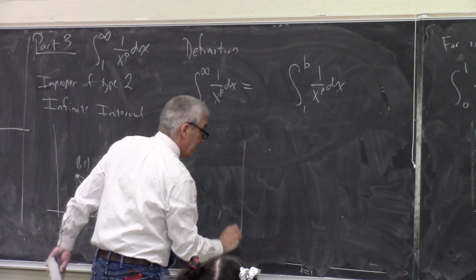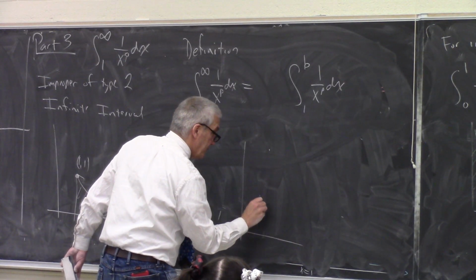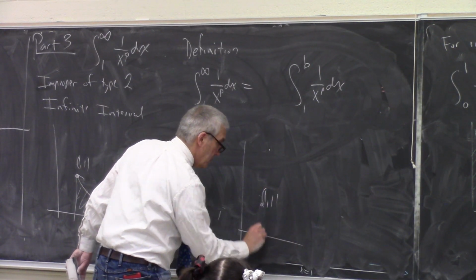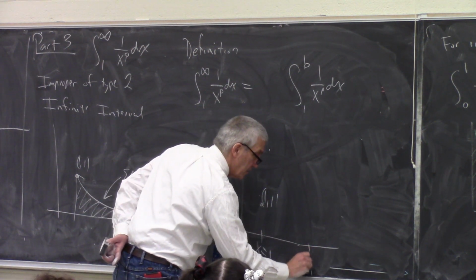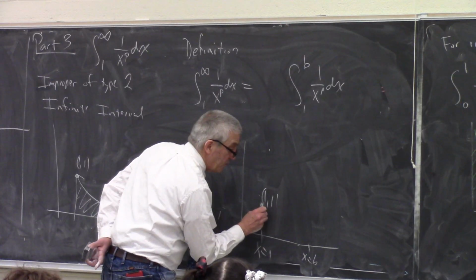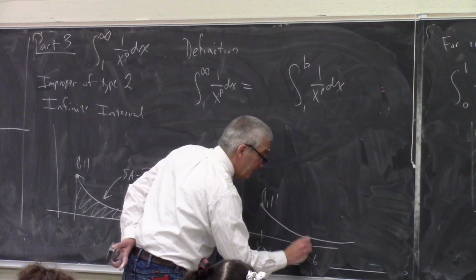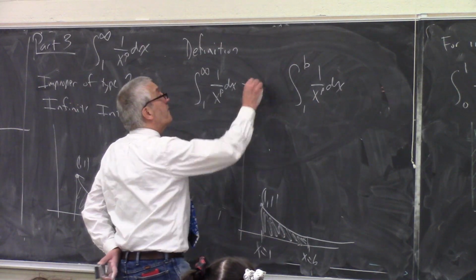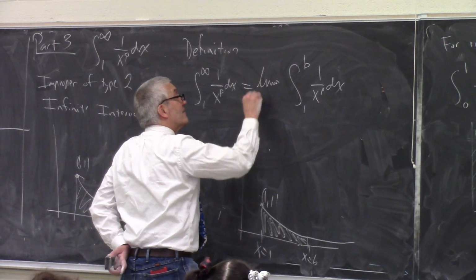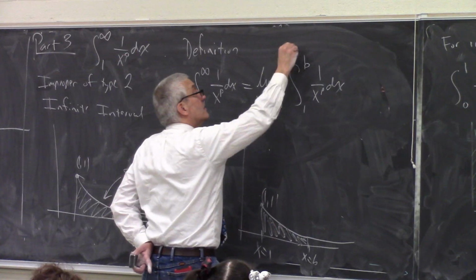So we look at this picture. We go from 1 to x equals b. And we only go that far. The graph goes on, but we just think about this area. And we look, what do we get for that? And then take the limit as b goes to infinity.